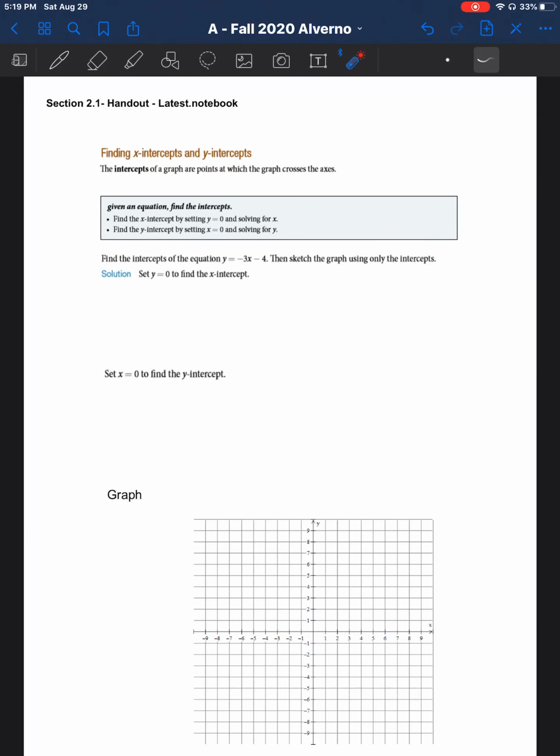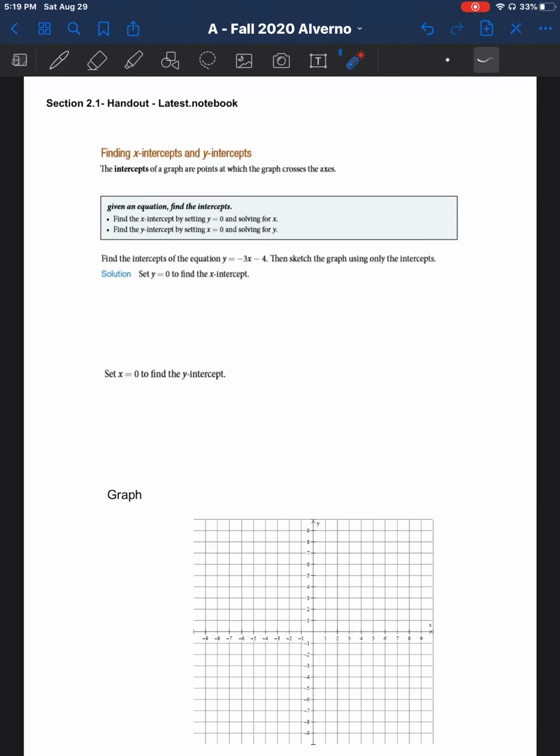Now we're going to look at the ideas of x-intercepts and y-intercepts. This is with regard to a line. The x-intercept is the value of x where the line crosses the x-axis. The y-intercept is the value of y where the line crosses the y-axis.